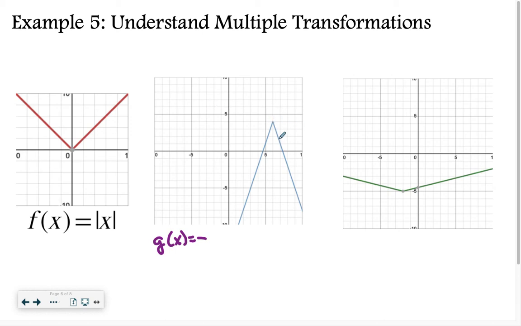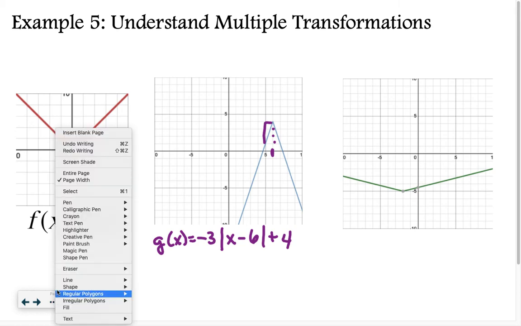I go up 3 over 1, so my slope is 3. Then x minus, and where did my x move to? It moved all the way over to 6. So I'm going to say negative 3 times the absolute value of x minus 6, and then it moved up 1, 2, 3, 4. So I would say plus 4. And then I'm done writing my equation for that.